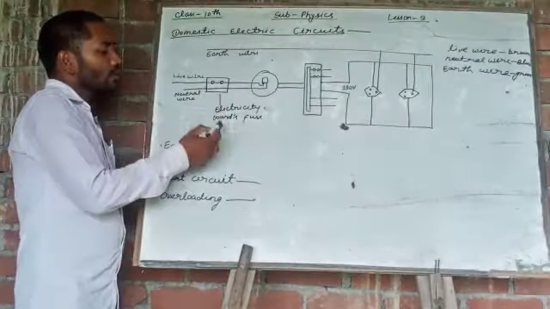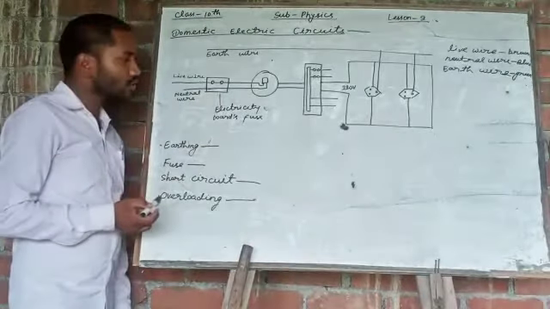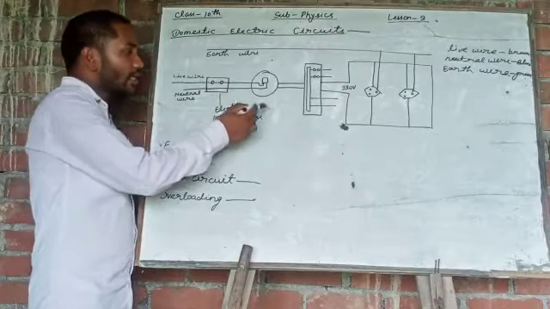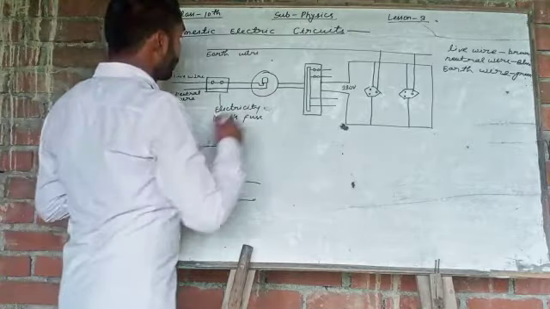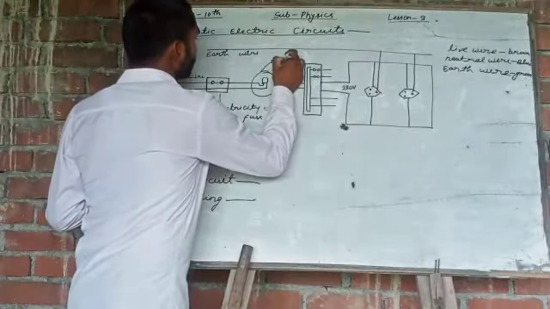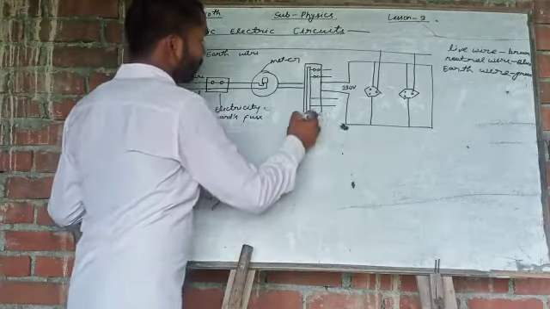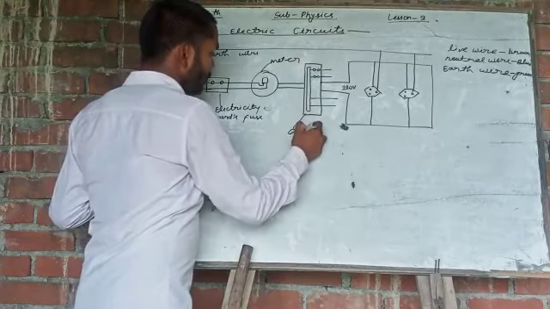From the electricity board fuse, the current goes to the meter. This is the meter and this is the distribution box.